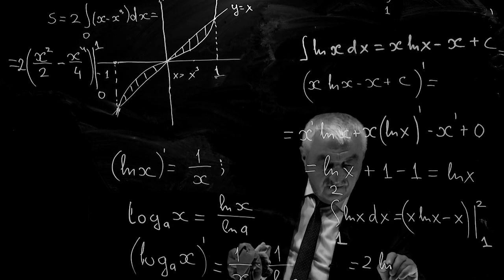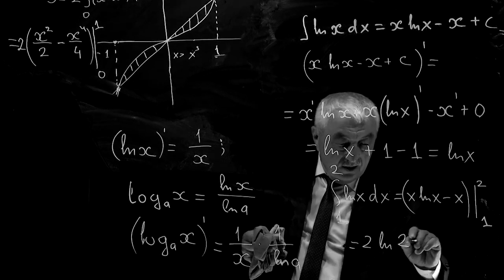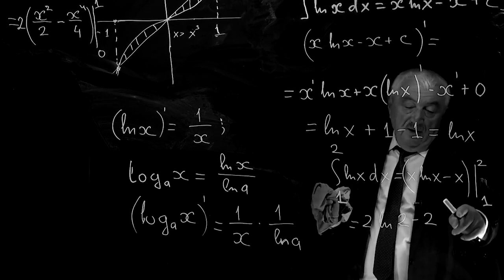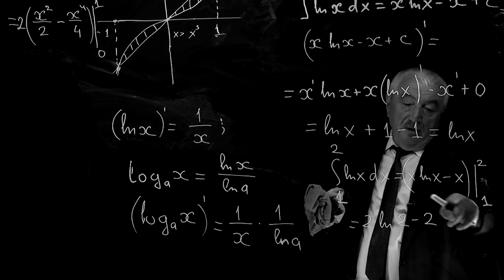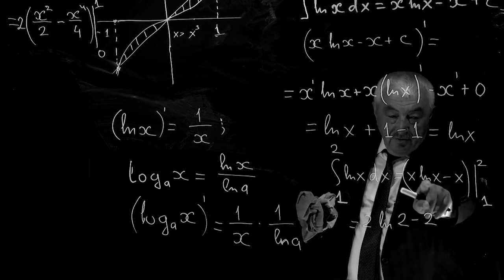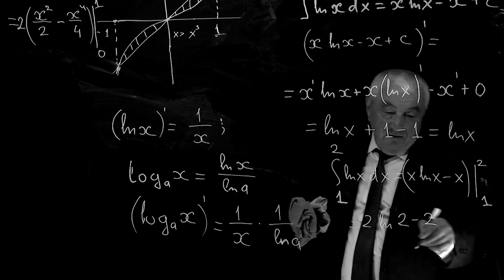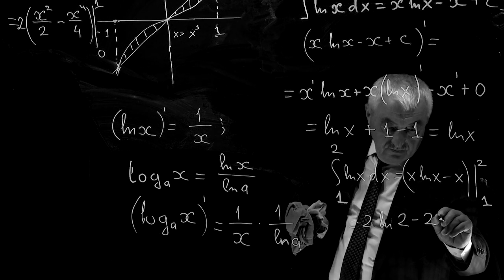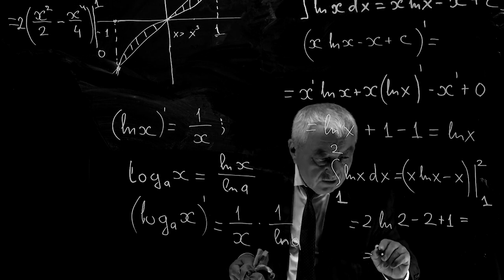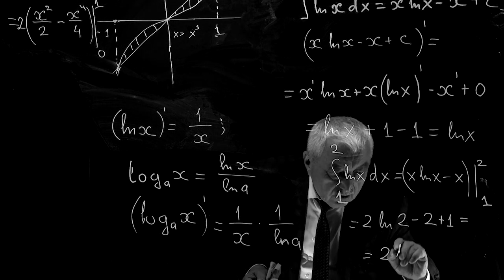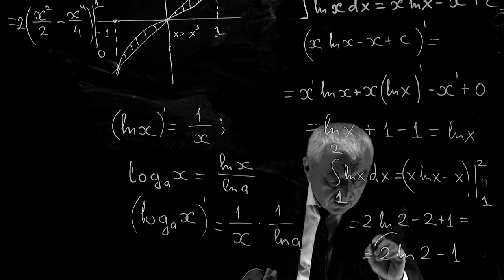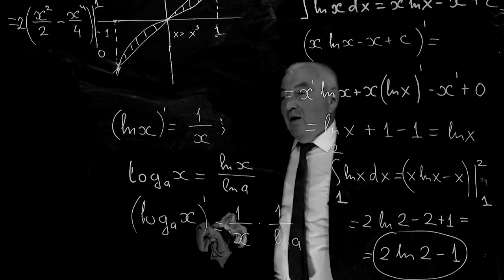That is 2 logarithm 2 minus 2, minus the value of this function at point 1: 1 logarithm of 1 is 0, minus 1 plus 0. The correct answer is 2 logarithm 2 minus 1.